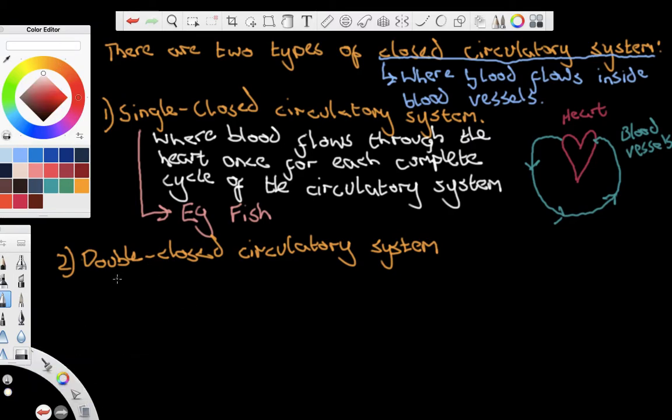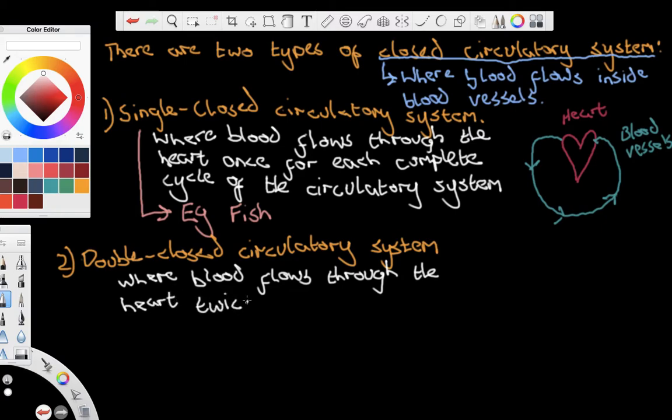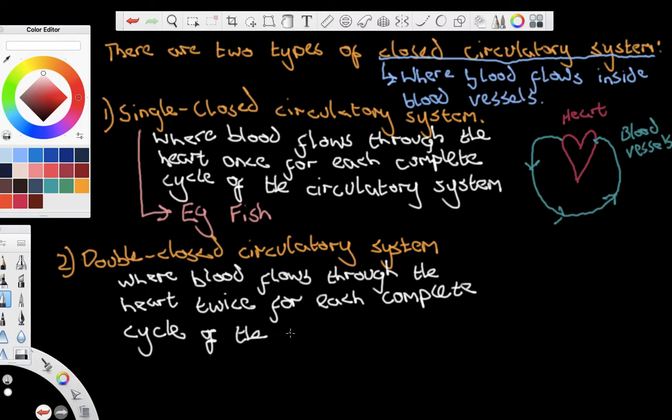So we can say where blood flows through the heart twice for each complete cycle of the circulatory system.